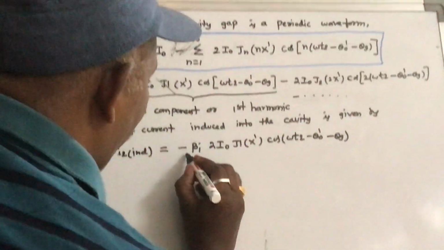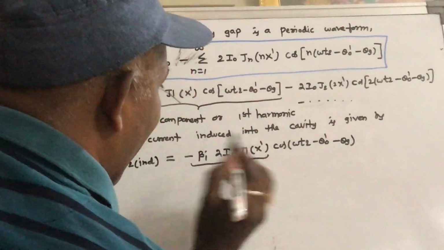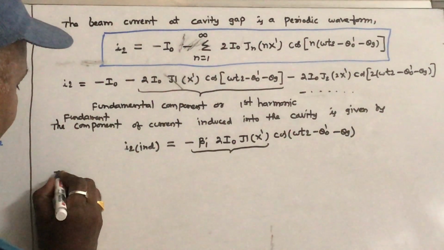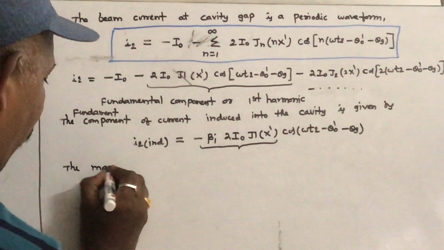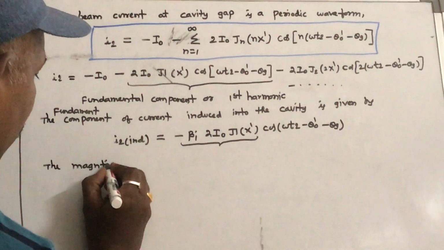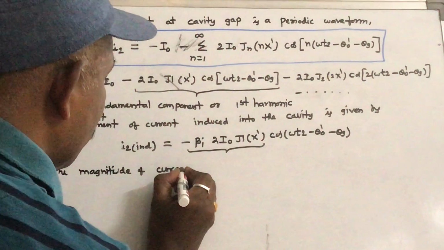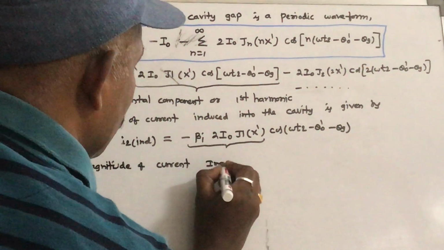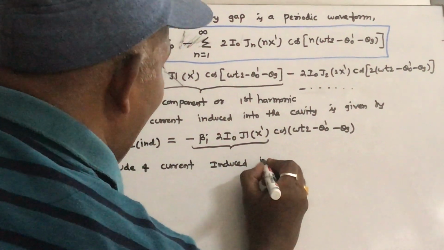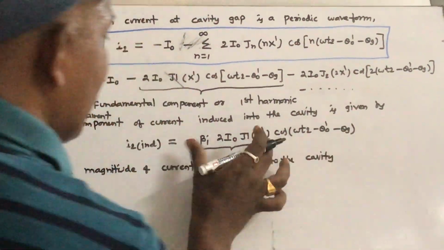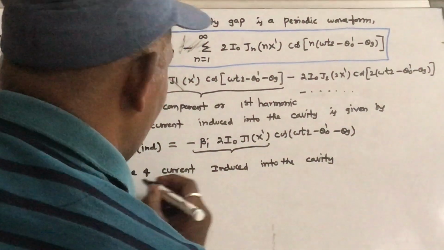So what is the magnitude of current? This is the magnitude of current induced into this cavity. If you take the magnitude, you can remove the minus sign.